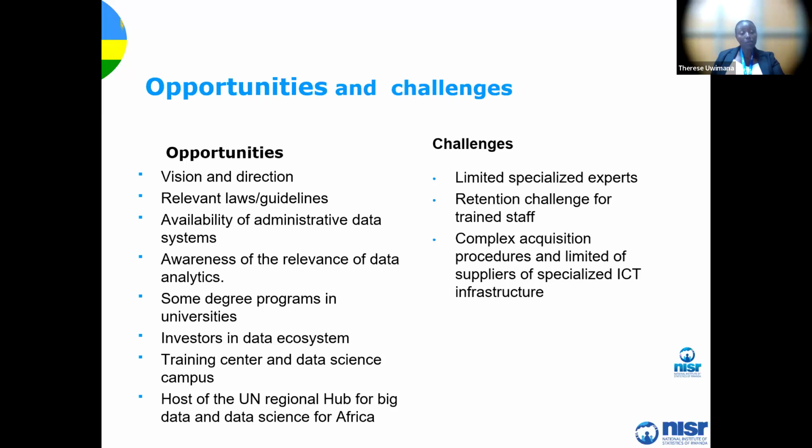We also have administrative data, because there are a lot of systems, even on the government side. Most of the services now are digitalized, so you can access them online. So the awareness at the country level is also good.